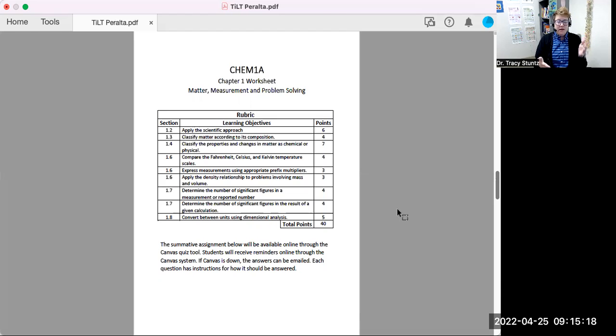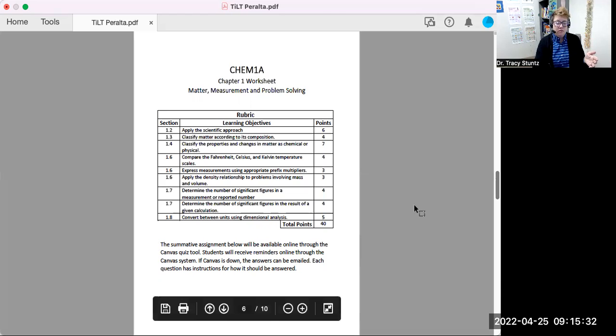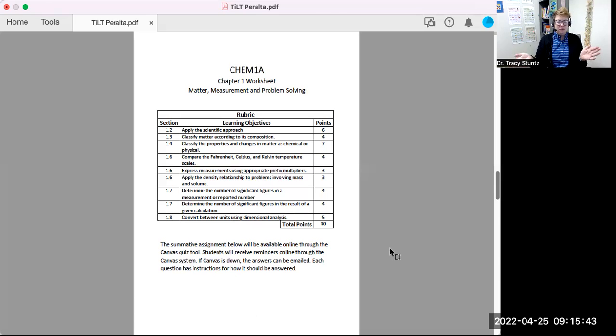And so it does have quite a bit of information on it. So it does say the rubric there is connected to the learning objectives, there's points for each objective. And then it talks about that it's a Canvas quiz tool, that you'll receive reminders online through Canvas. If Canvas is down, the answers can be emailed, and each question has instructions for how it should be answered.